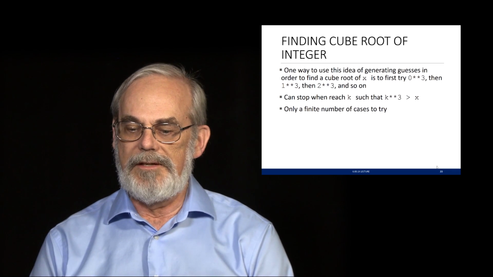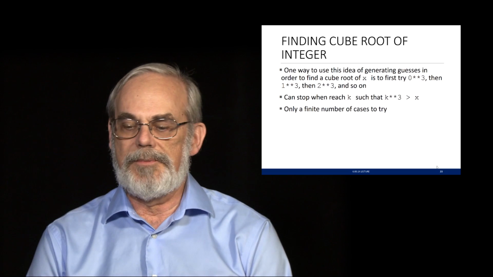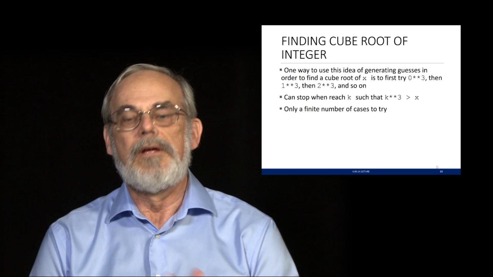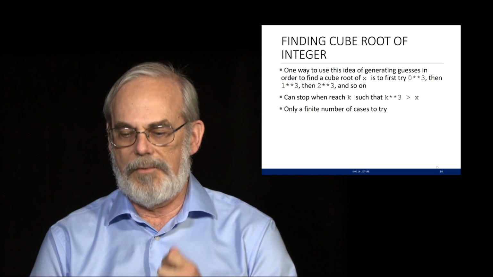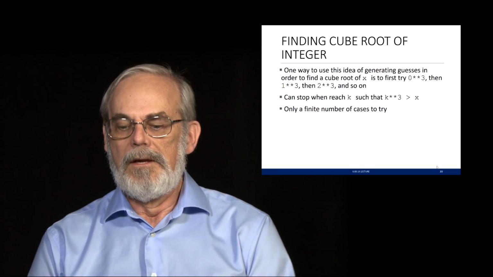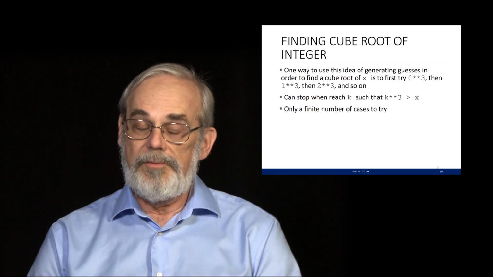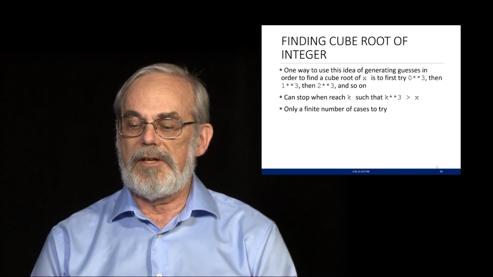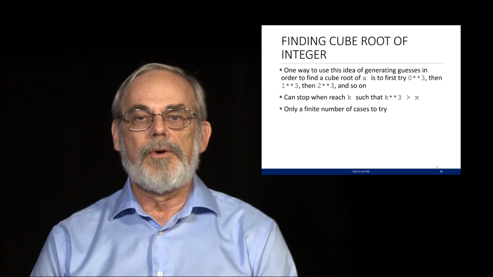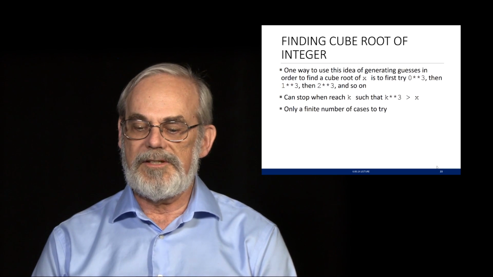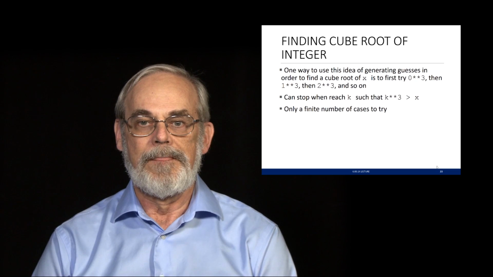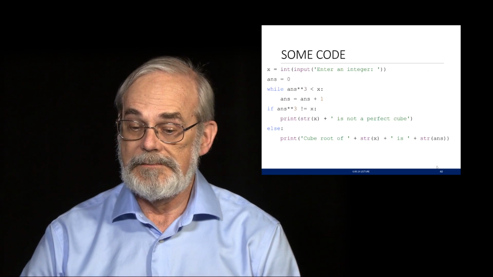One way to use this idea would be to start at 0, try 0 cubed, then 1 cubed, then 2 cubed, and so on until I get to a point where I find a k such that k cubed is greater than x. If I found the cube root before then, I stop, but once I've got something greater than x, I know I can stop. Now clearly this is only going to work for integers. I can't do it for all possible numbers, but in this case there's only a finite number of things that I need to try.